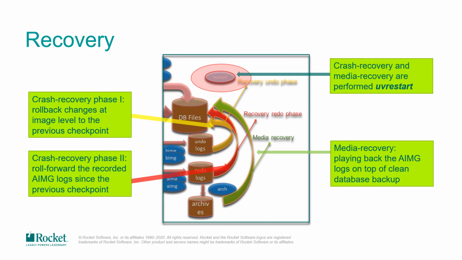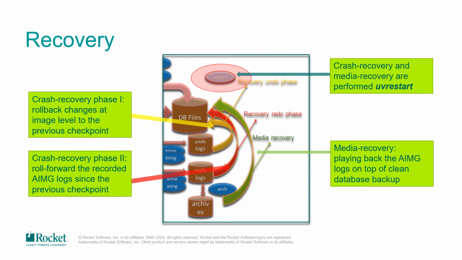Database recovery. We have basically two types of database recovery. One is crash recovery, and the other one is media recovery. In the case of your system losing power, or operating system crashes, or even UniData crashes, then we need to perform a crash recovery.